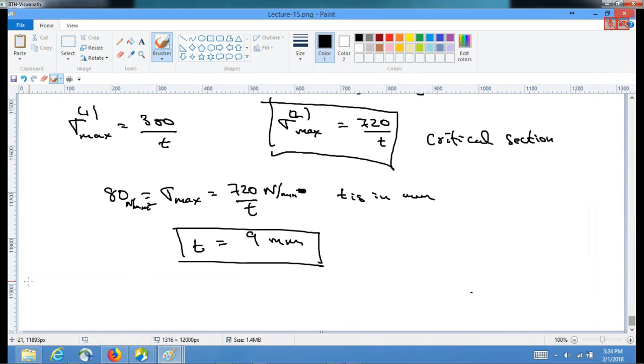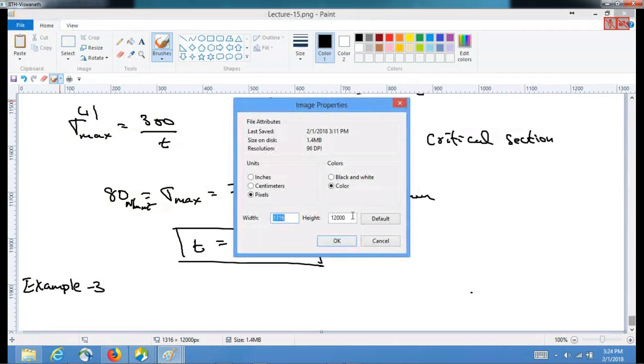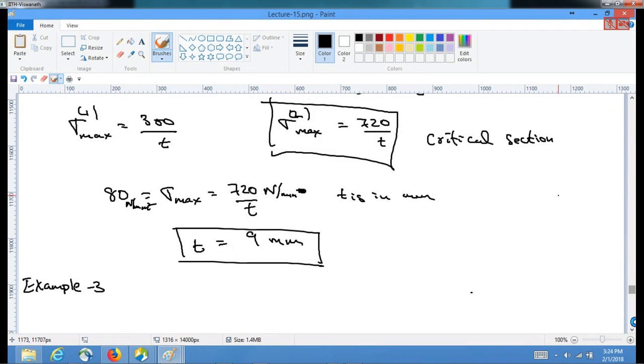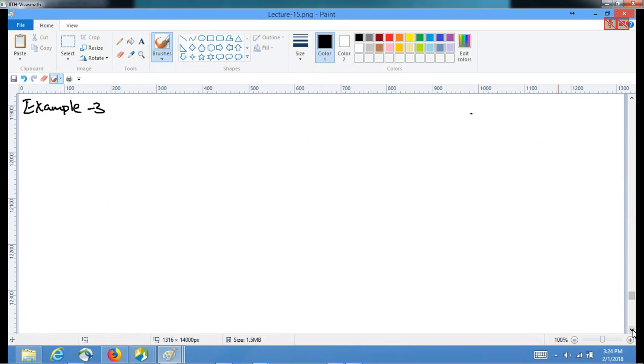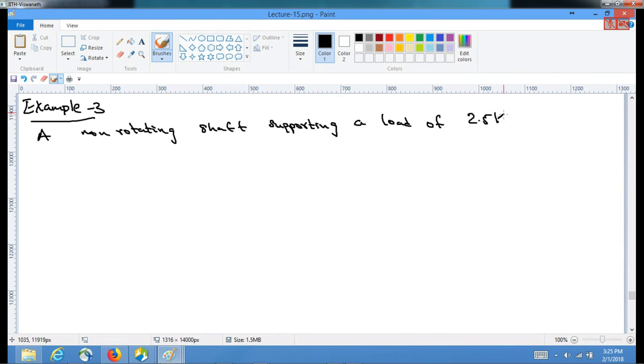The third example. In this, consider a non-rotating shaft supporting a load of 2.5 kilonewton as shown in the figure below.